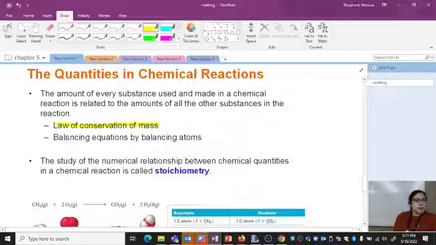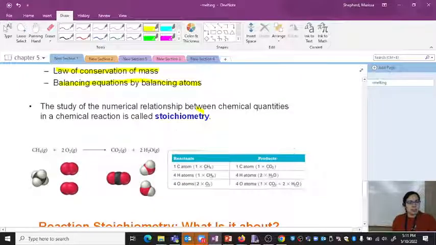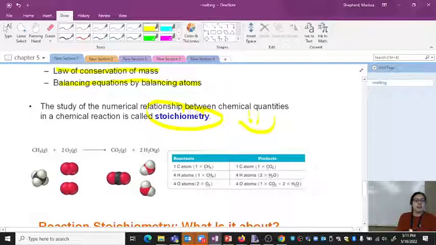We also want to balance the equations by balancing our atoms, making sure there's the same number of atoms on the reactant and product side. This is called stoichiometry, and again, super important, big happy face. You want to be able to do this forwards and backwards in your sleep all day, every day.